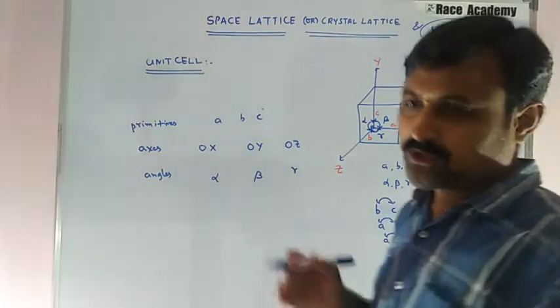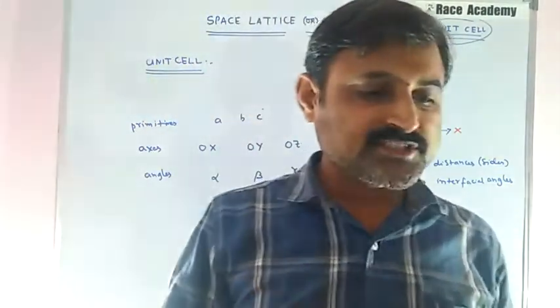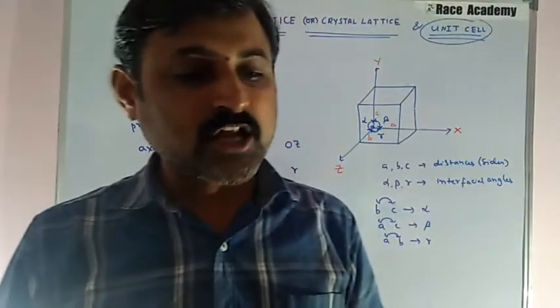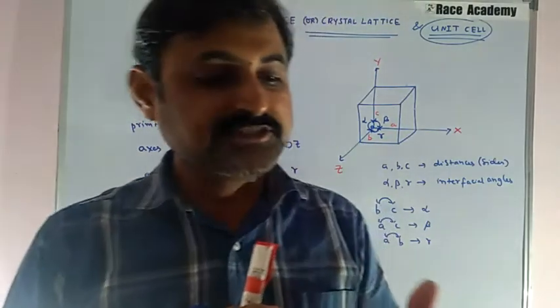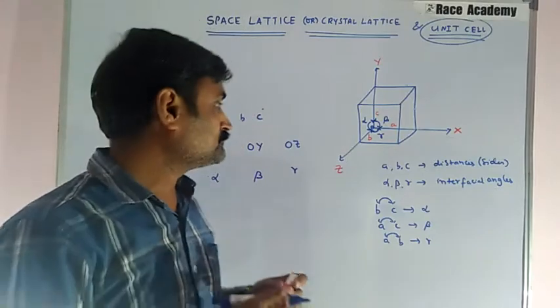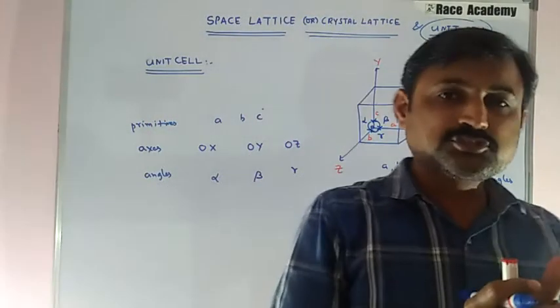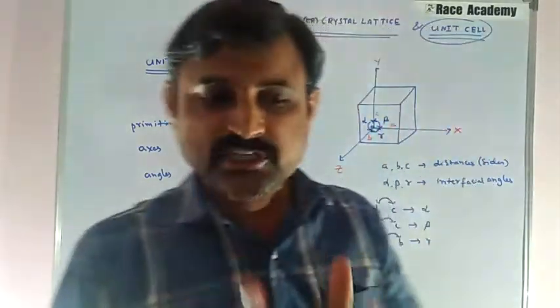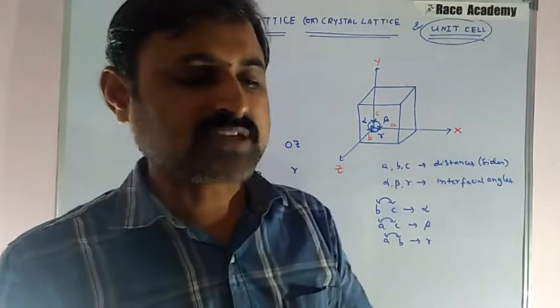Now talking about the unit cell, the dimensions along the three edges, what are the edges? A, B, C, and edges may or may not be perpendicular to each other. Mutually they may be perpendicular in most cases, and they may not be perpendicular in some cases.